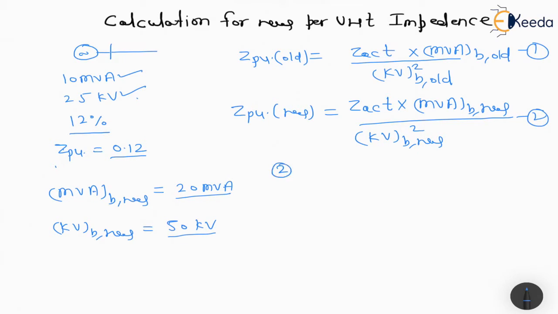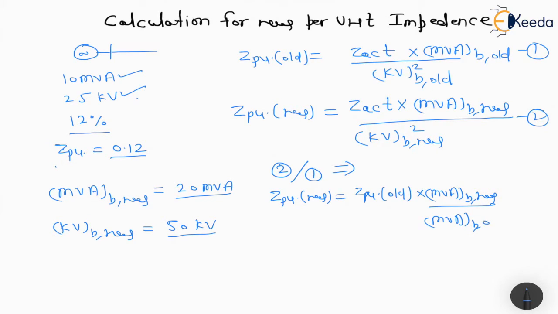So equation number 2 upon 1 gives ZPU new. We can write ZPU old into MVAB new upon MVAB old into KVB old square upon KVB new square.